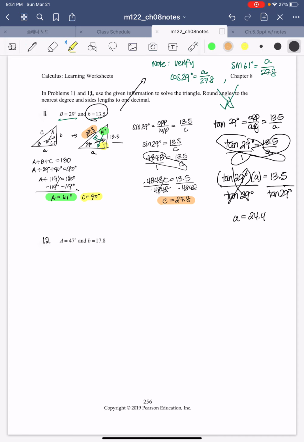Okay, so that's it. All right, so number 12 will be very similar. Instead, this time you are given an angle 47 degrees and then side opposite B 17.8. You know angle C will be 90 degrees.